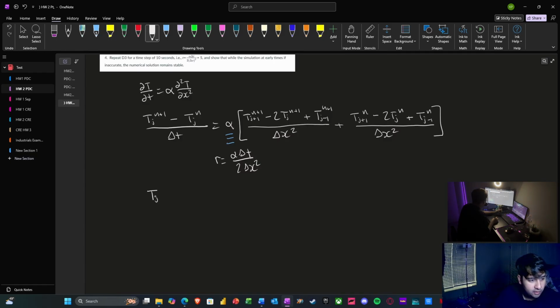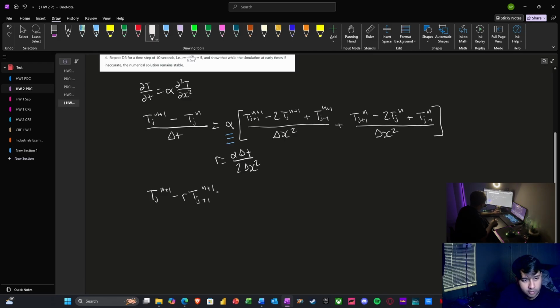What we're going to be left with is T_j^(n+1) minus R, so this would be T_(j+1)^(n+1), and then minus T_(j-1)^(n+1), where those would be R, where we got this.